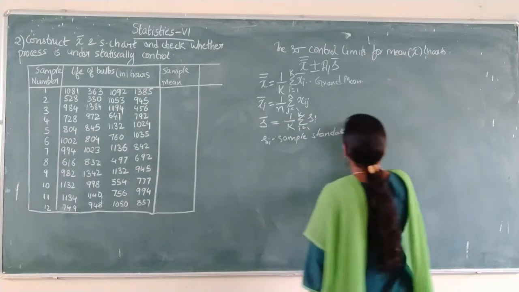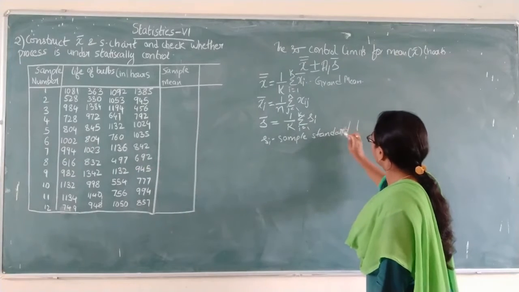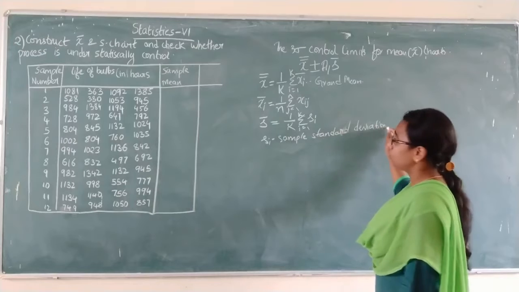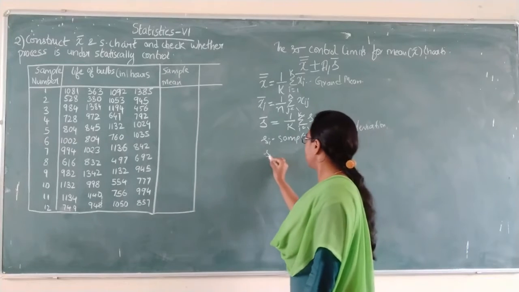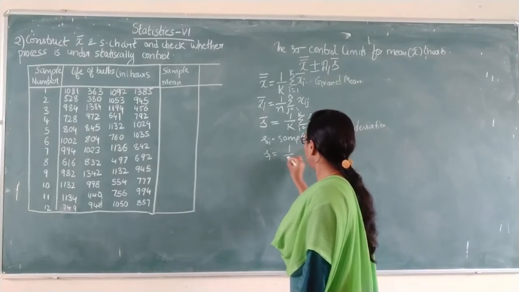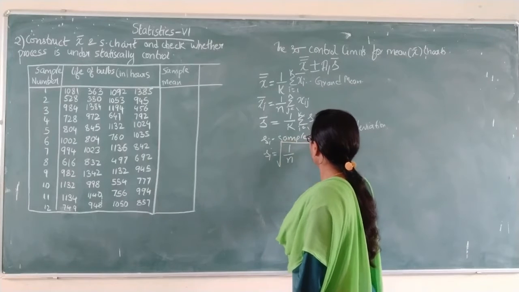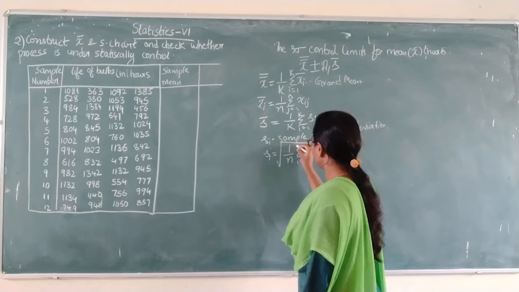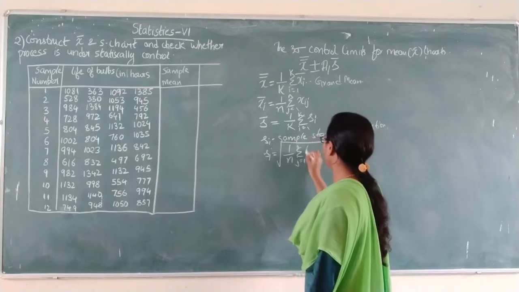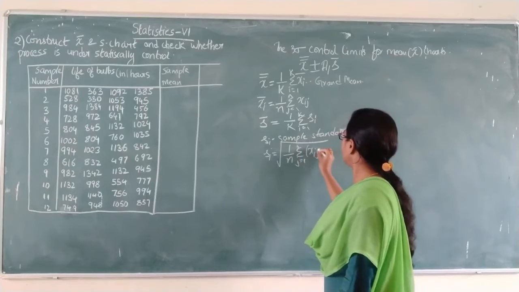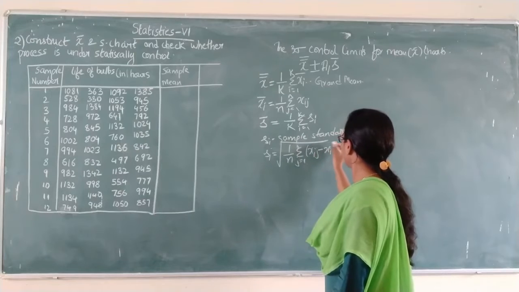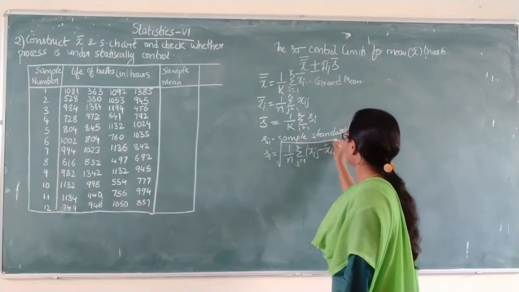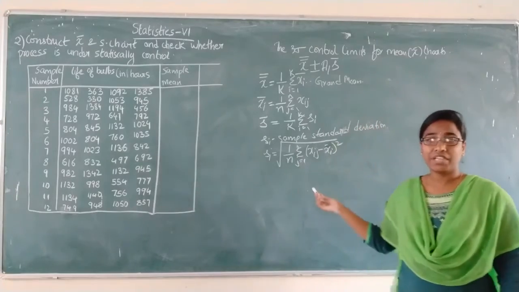Sample standard deviation. So what is the standard deviation formula? Si equals the square root of 1 by n summation j equals 1 to n of (Xij minus Xi bar) whole square. So this is the standard deviation formula.